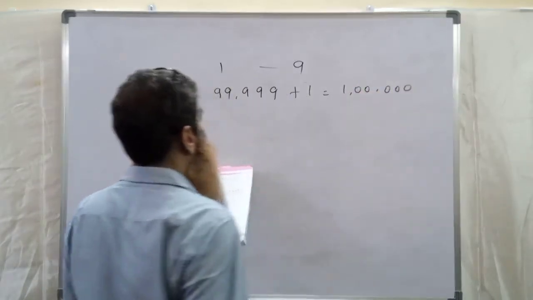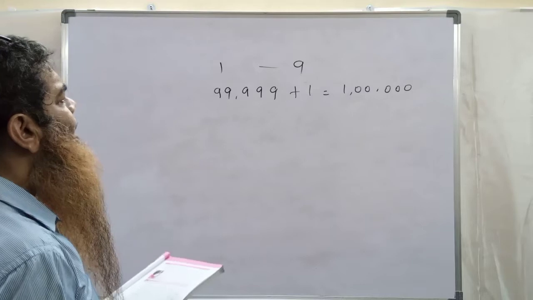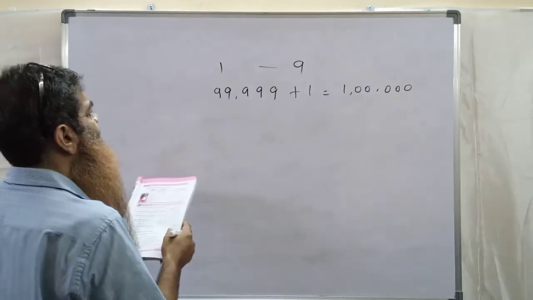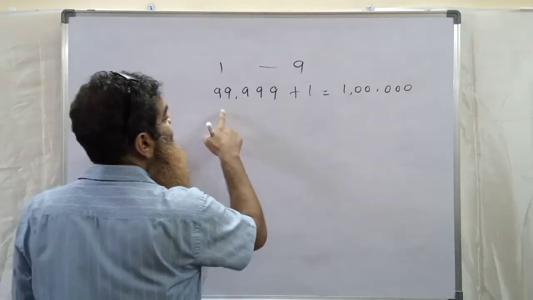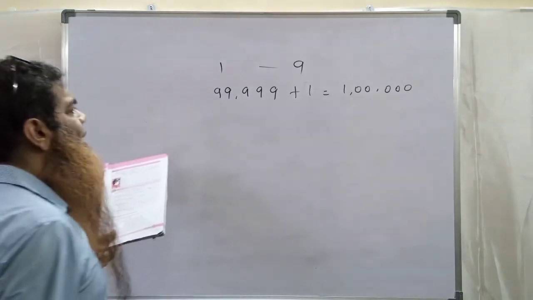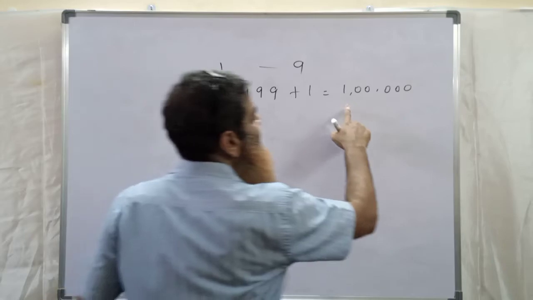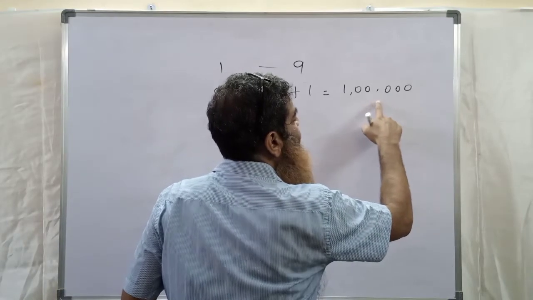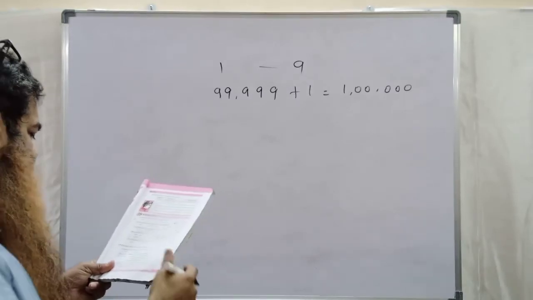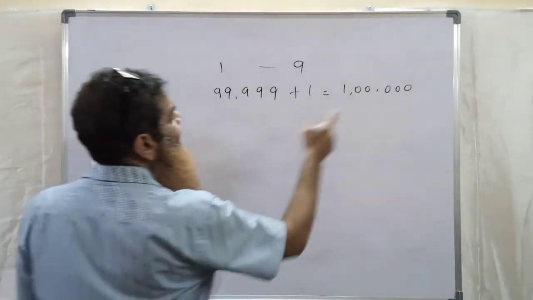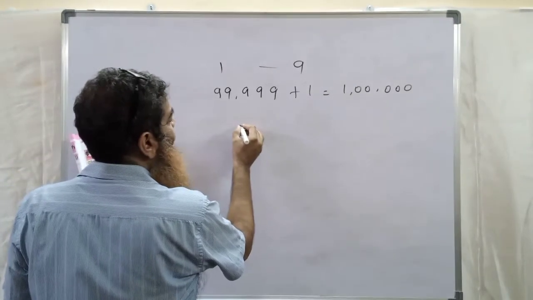Now if we add 1 to this, it becomes 1 lakh in the decimal number system or Indo-Arabic number system. This is called 1 lakh. 1 lakh comes after 99,999, and it's the smallest 6-digit number, the first 6-digit number. Now, how many tens are there in 1 lakh?